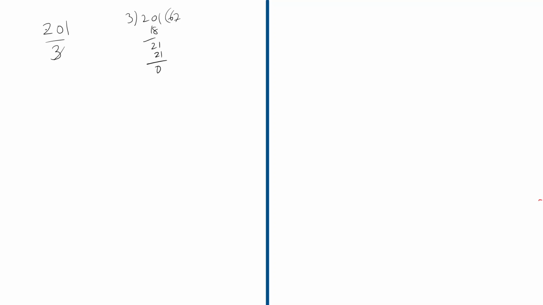So now 18, 3 6 is 18 and 2 will come, and 2 and 1, so 3 7 is 21. So now I am getting 201 upon 3, the answer is 67. So that is the quotient.